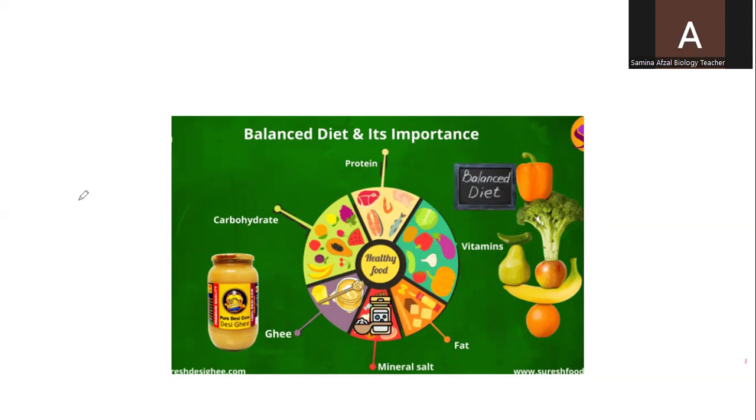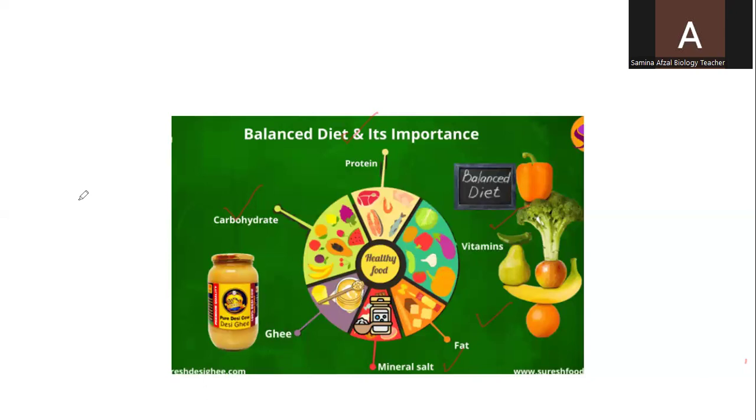It means that when we take our breakfast, lunch, and dinner, or the diet in the day, it contains carbohydrates, proteins, vitamins, fats, minerals, and water, all in a proper ratio.